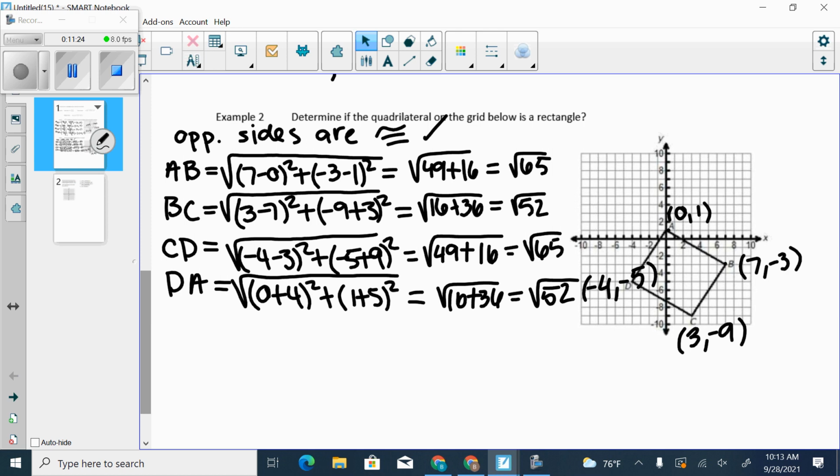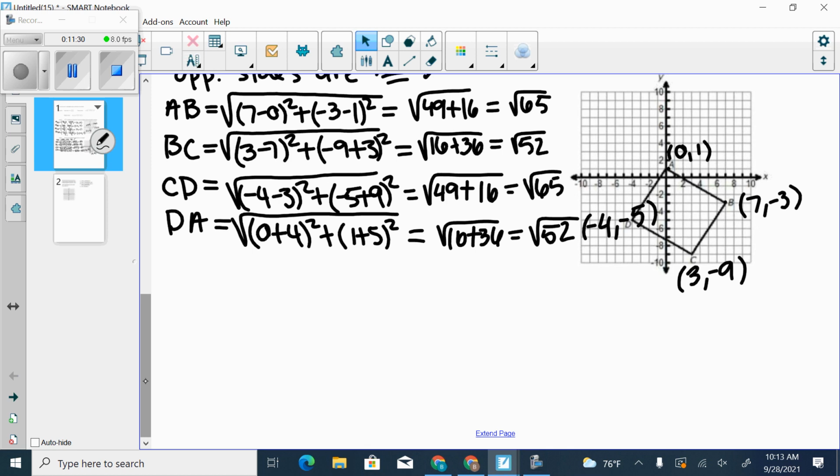But somebody also said something about the angles. What did those have to be? 90 degrees. Okay, so angles are 90 degrees. Okay, so now we got to figure out if those are intersecting at a 90-degree angle.